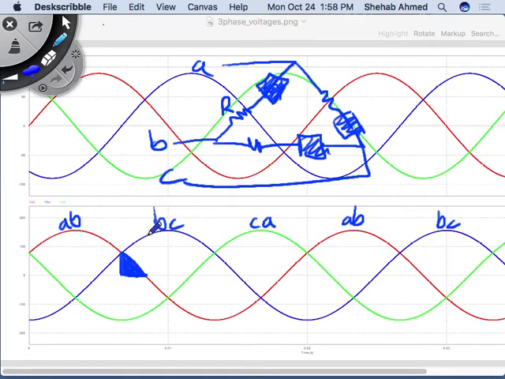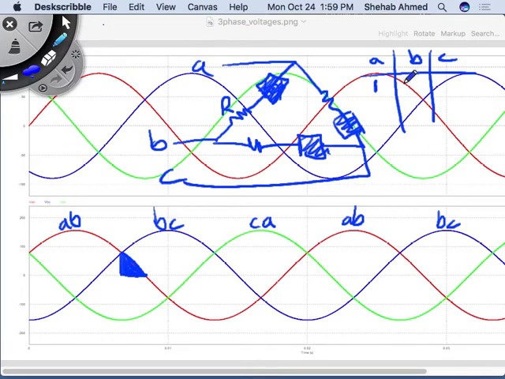Okay, let me draw this A, B, C table again. Also 1 is this way, 2 is this way.